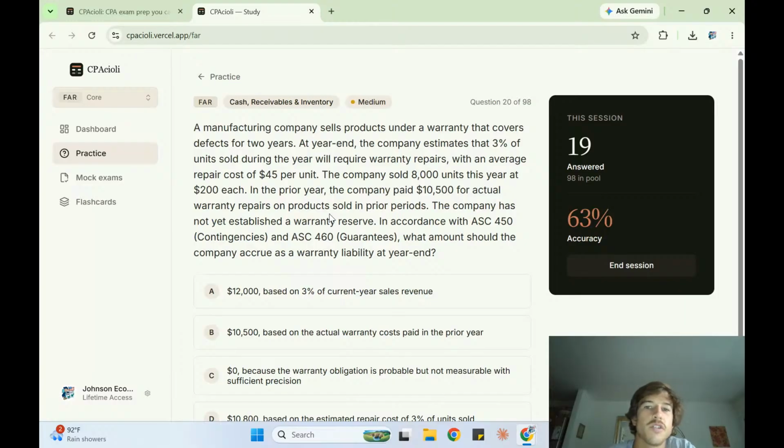Manufacturing company sells products under warranty. Covers defects for 2 years. $45 per unit. We sold 8,000 units this year. $200 each. What amount should the company accrue as a warranty liability at year end?